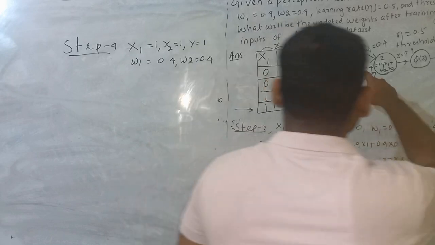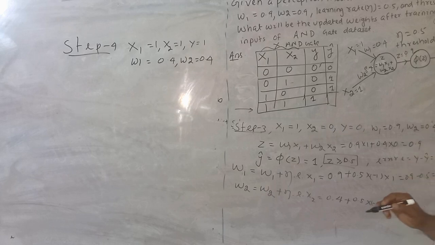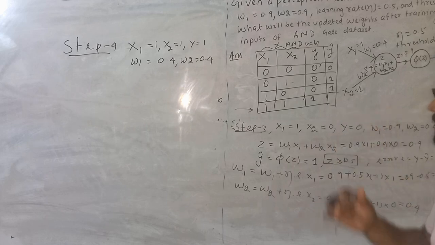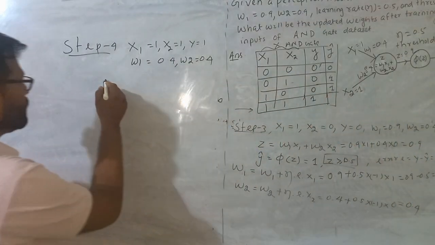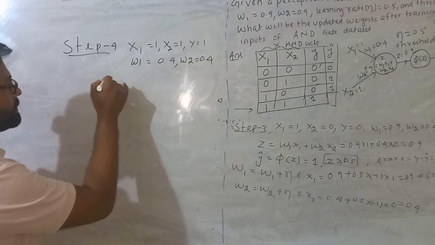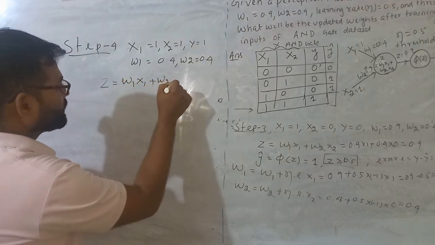So here the inputs are 1 and 1, and the weights are 0.4, 0.4. Now we have to calculate the weighted sum. Let the weighted sum z be equal to W1 x1 plus W2 x2.